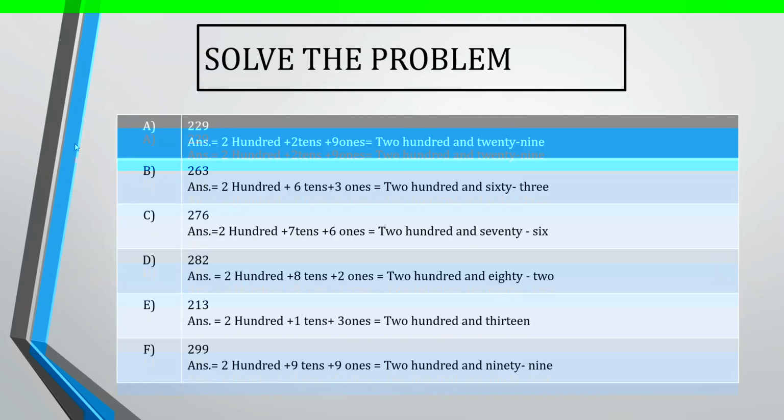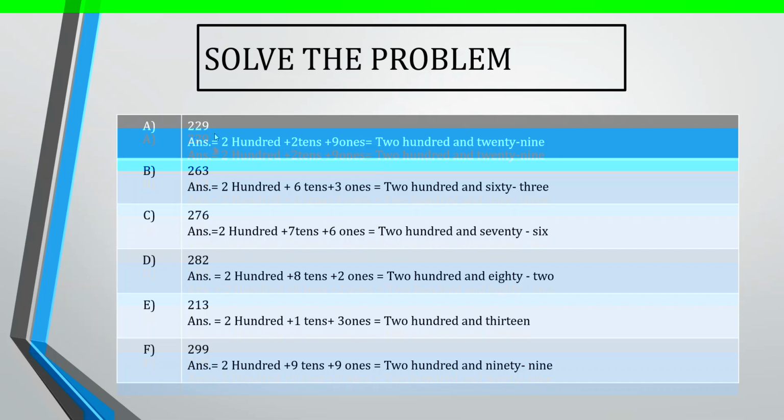Okay. In this slide you can solve the problems. First problem is the A. You can read the problem. The value of 229. For the number 229 you use the answer of 200 plus 2 tens plus 9 ones is equal to 229. 229 is the value of 229.